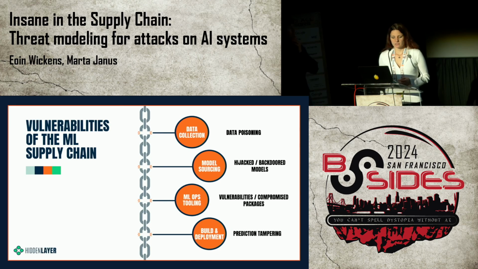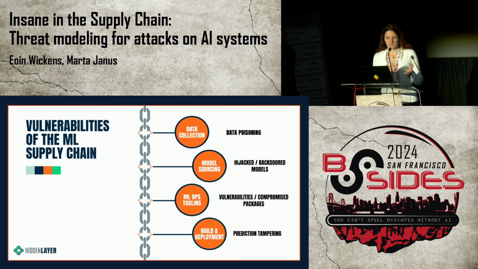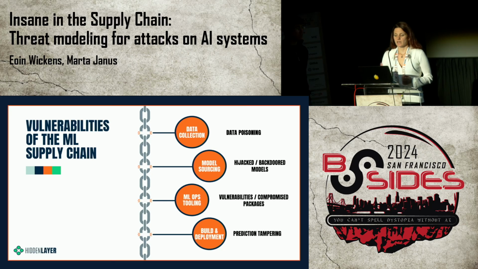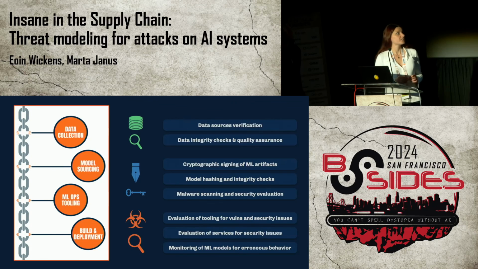And the takeaways really quickly. So we have many places in the AI supply chain where the attackers can strike. We have data poisoning attacks at the data collection, hijacked backdoored models at the model sourcing. We have vulnerabilities in compromised packages in the MLOps tooling, and something that we didn't cover in this presentation, prediction tampering after the model is deployed. And how can we secure against it?